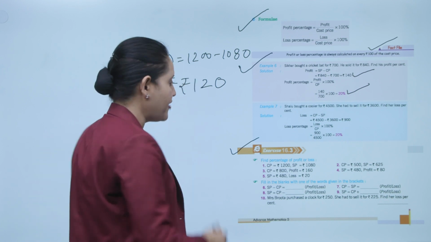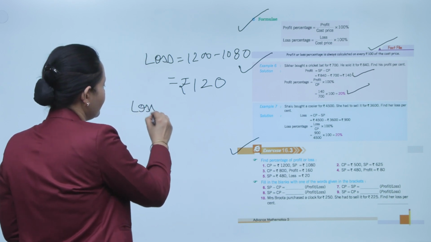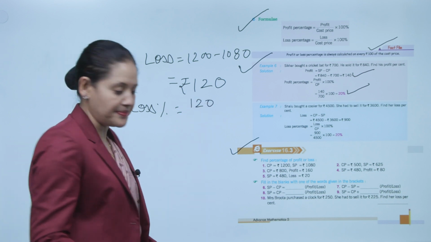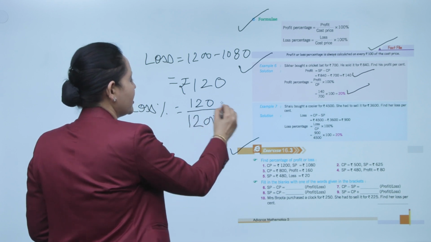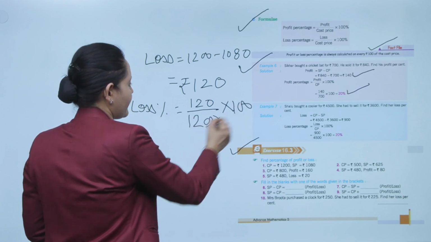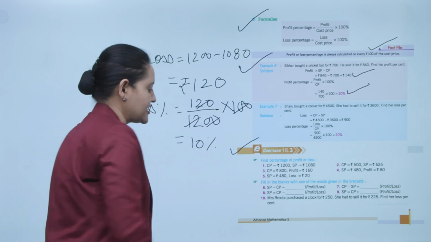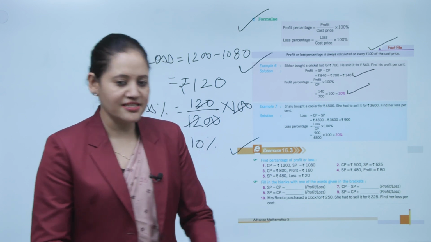That is the loss. Now we have to find the loss percentage. Loss percentage equals loss upon CP, 120 upon CP, here CP is rupees 1200, into 100. That means loss percentage is 10%. Clear? Practice all the questions of this exercise.